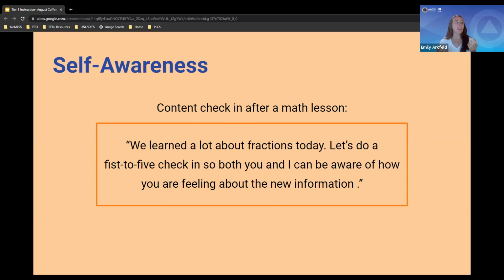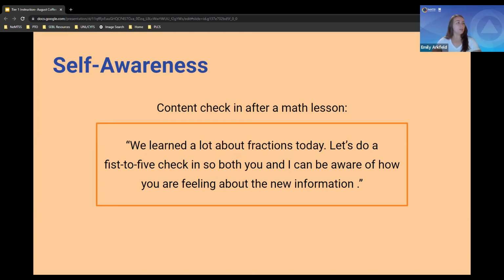So just a reminder that while things like having a social emotional learning curriculum are fantastic, and we definitely encourage that, and counselors doing push-in lessons on skills and competencies, it doesn't all have to be that big. We do want those things in place, but it's all of the things that the teachers and other educators and staff are doing every day to help build and grow those competencies.